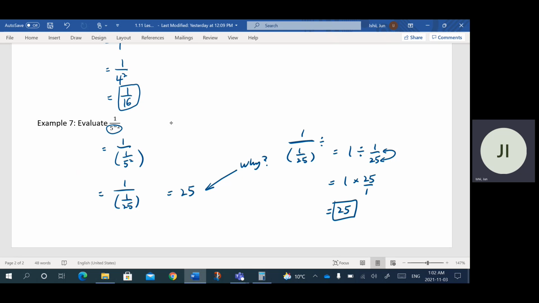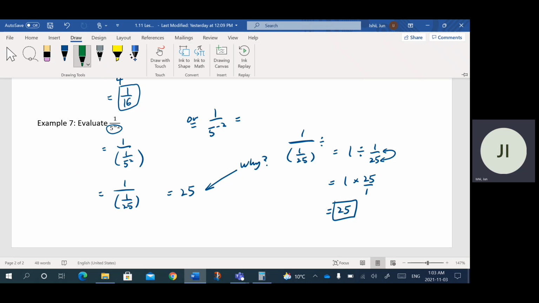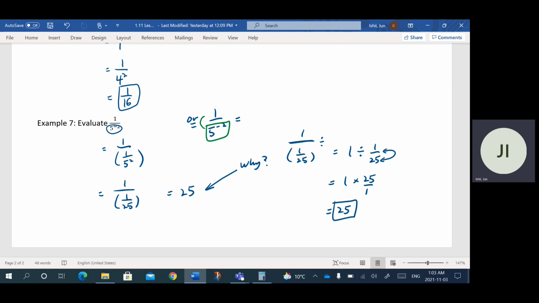Now, the other thing I want to point out here is that whenever you have a negative exponent in the denominator, it's the same as taking it from the denominator and moving it up top. So this is actually equal to 5, and change the exponent to a positive.